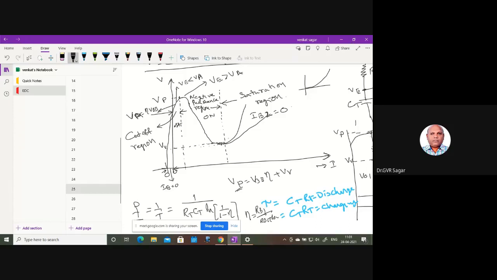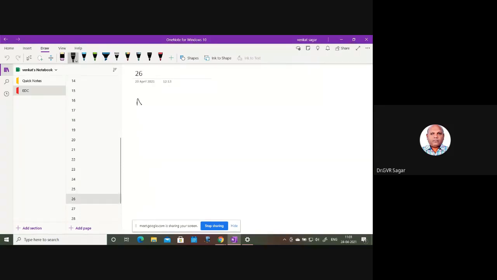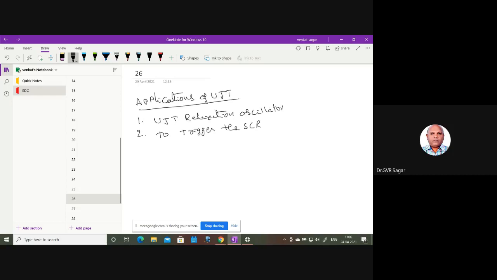And other applications of UJT: UJT can be used as a trigger. Applications of UJT. One is the UJT relaxation oscillator. Second one is to trigger the SCR.